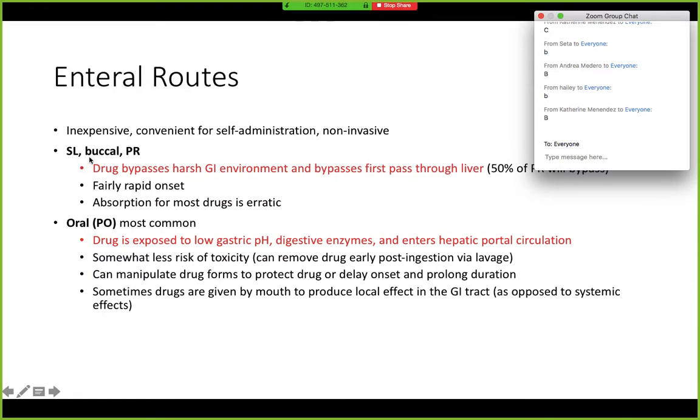So any of these three are going to bypass the GI environment and bypass the first pass through the liver. If you're giving it orally, the drug is going to be exposed to the harsh gastric environment and it's going to enter the hepatic portal circulation, which means it's going to be exposed to that first pass effect.